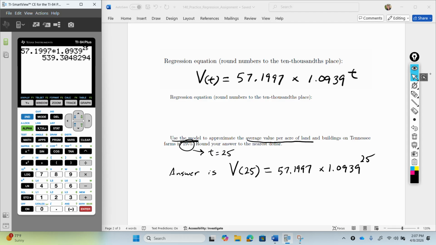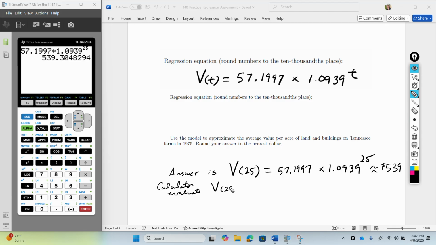It says to round your answer to the nearest dollar. So that'd be $539. Now, I'm not finished yet. There's 2 ways that we could do that. The other way is to get your calculator to evaluate V of 25 in the original equation, because we stored that equation.